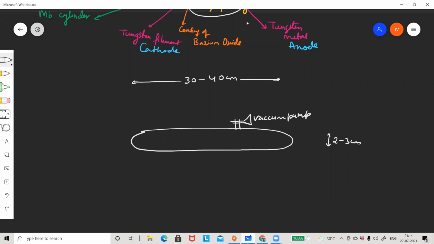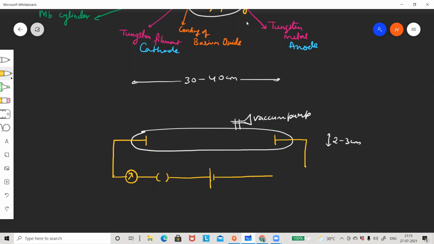That means it can evacuate the gas inside. The ends of this discharge tube, which is a glass tube, are connected to two metal plates. These two metal plates are in turn connected to an ammeter across a plug key, and then to a DC, direct current source.